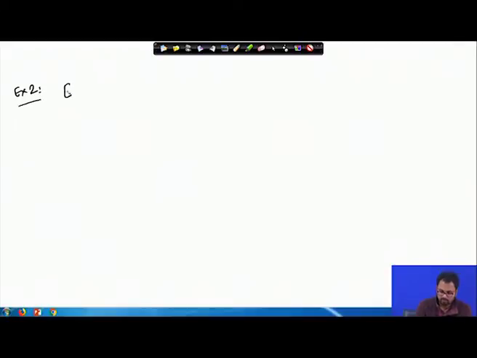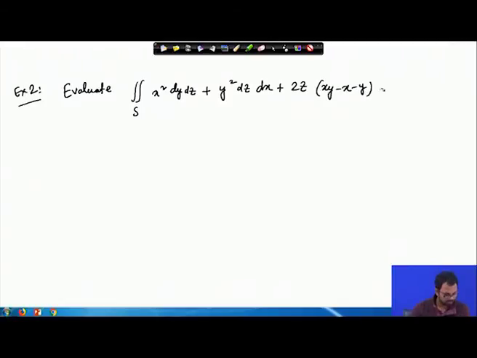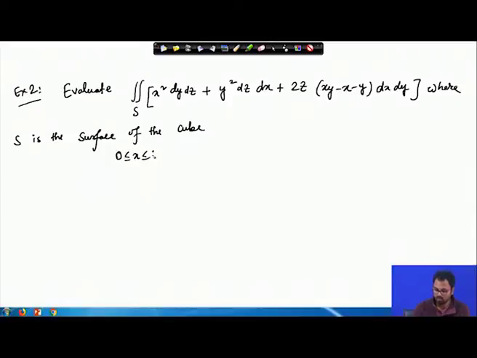Evaluate the surface integral of x square dy dz plus y square dz dx plus (2 z x y minus x minus y) dx dy, where S is the surface of the cube 0 less or equal to x less or equal to 1, 0 less or equal to y less or equal to 1 and 0 less or equal to z less or equal to 1.